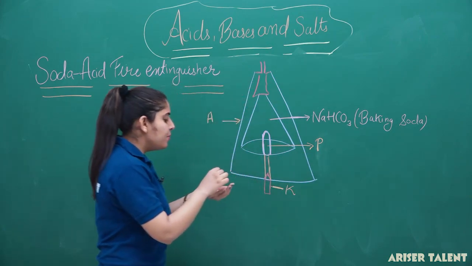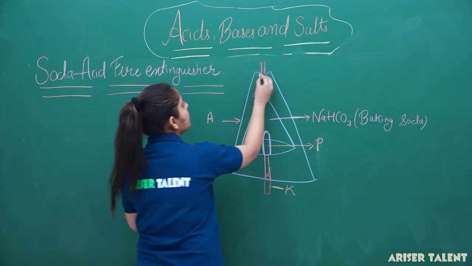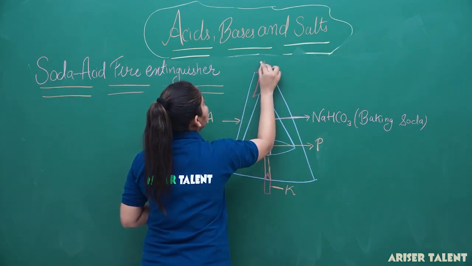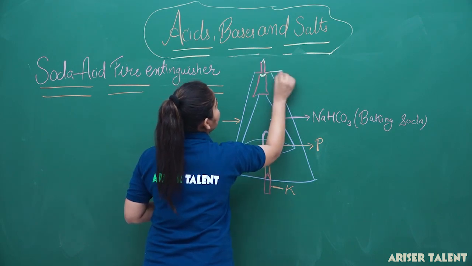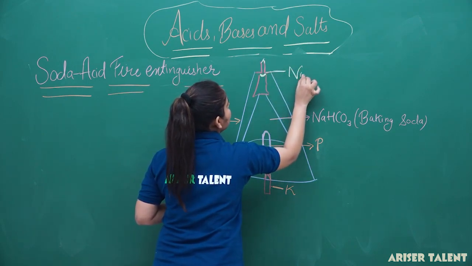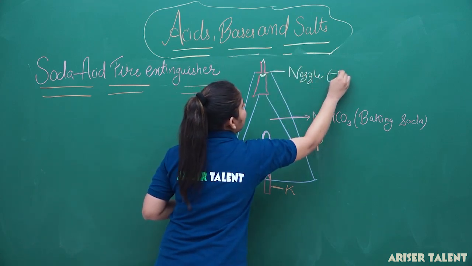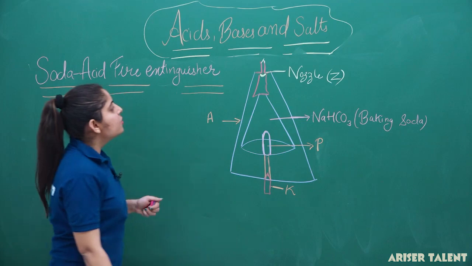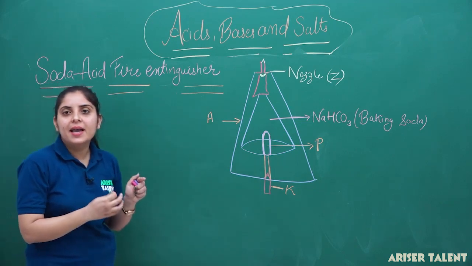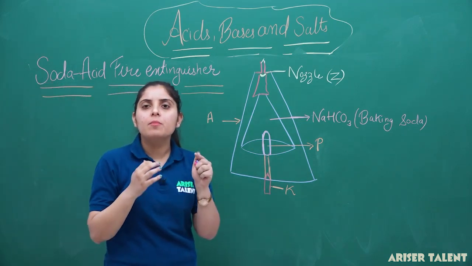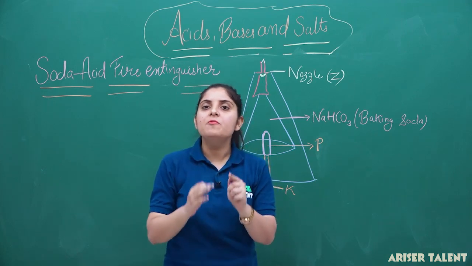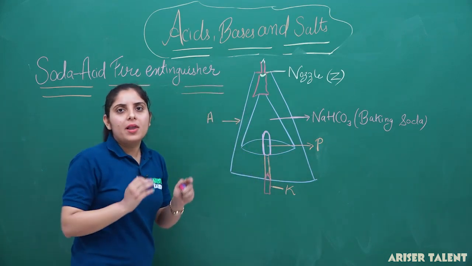Now in this case we have provided a nozzle. Now what actually happens in the case of the nozzle? Here we have taken a nozzle, and this nozzle is Z that we have taken so that the carbon dioxide gas can easily rush out from this nozzle and stop the fire that is spread from small accidents.